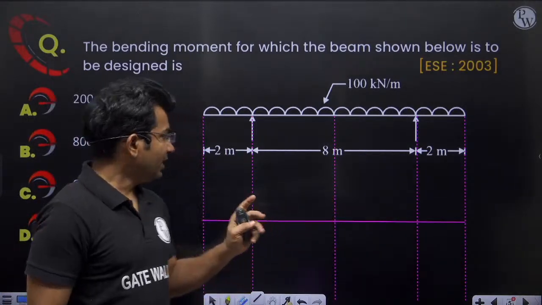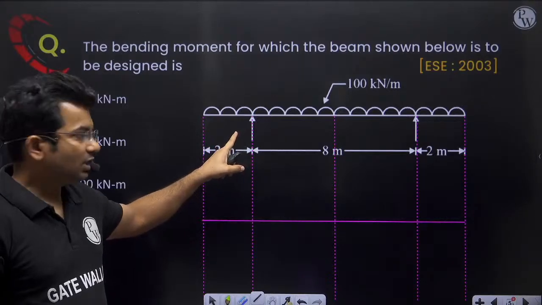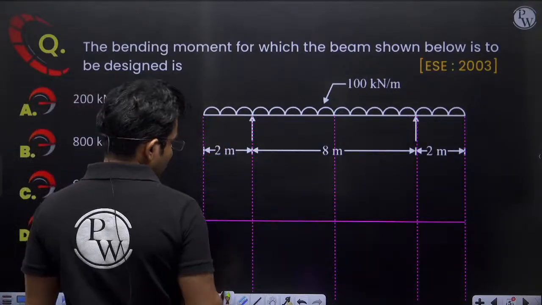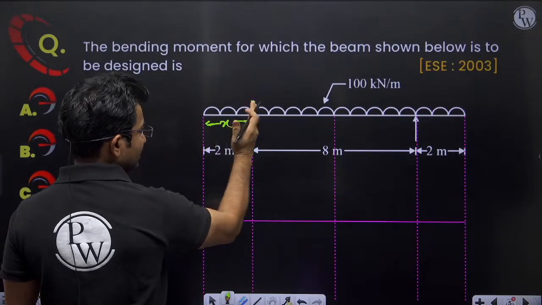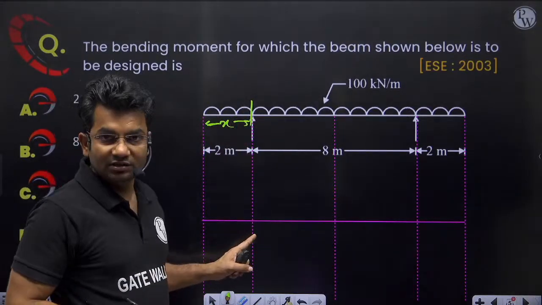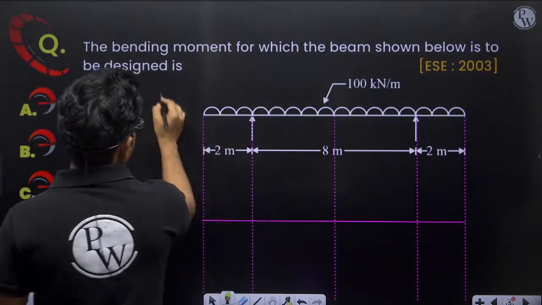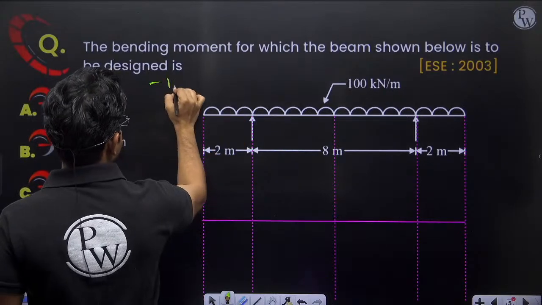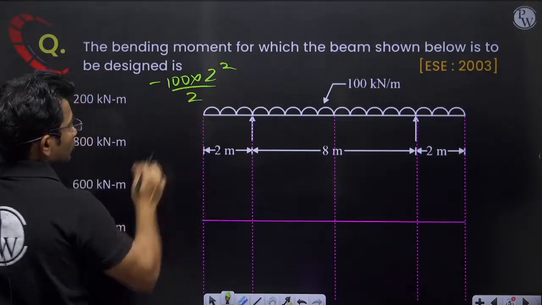Now if I have to calculate bending moment at this location, it will be minus w x square by 2. Let us say that this distance we are taking as x. At this location we will be getting bending moment as minus w x square by 2. So minus w is 100 into x square, x is 2, divided by 2, 2 square by 2.